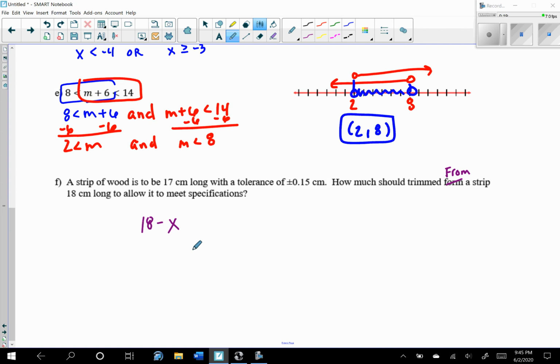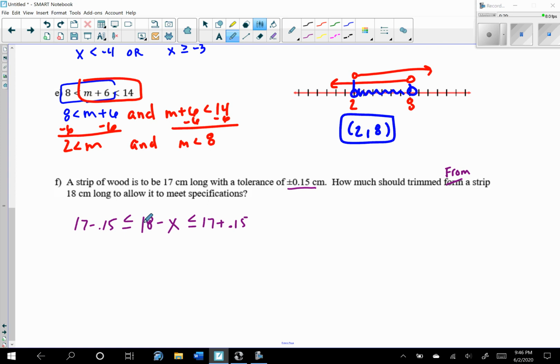So of course x stands for the amount that you're trimming from the wood. And it says we want it to be 17 centimeters long with a tolerance of plus or minus 0.15. So that means it has to be in between and equal to these values. So 17 plus the tolerance and 17 minus the tolerance.